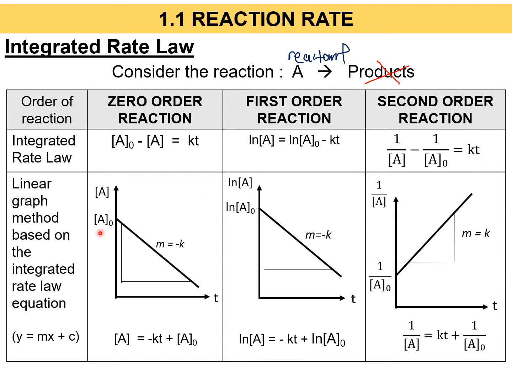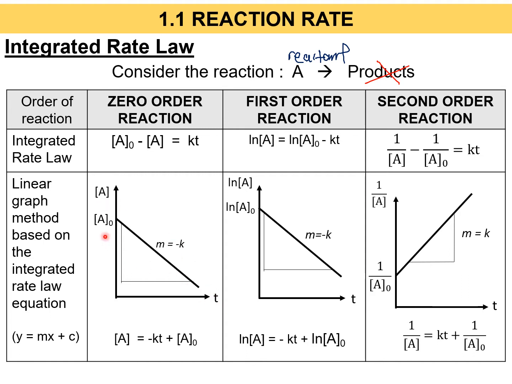Alright, but this is the linear graph method based on the integrated rate law equation. If you arrange it in y equals mx plus c for zero order reaction, if you want to plot the linear graph of zero order reaction, your y-axis must be the concentration of your reactant, and your x-axis is time, because you have to build a graph of concentration of your reactant versus time.